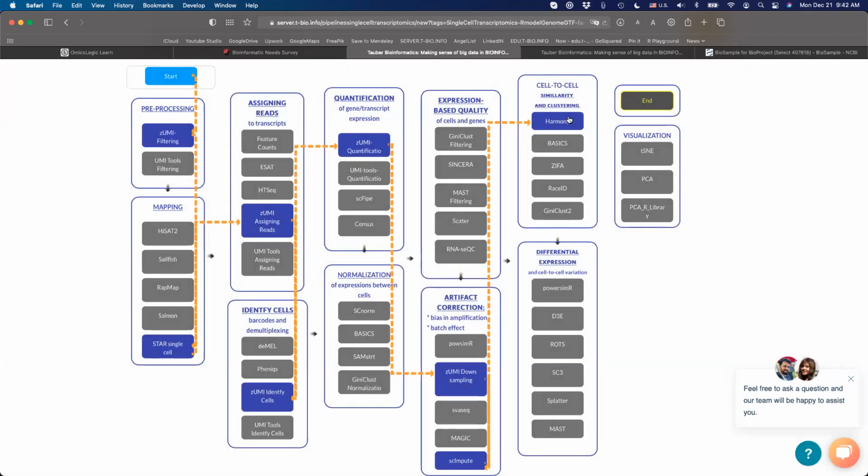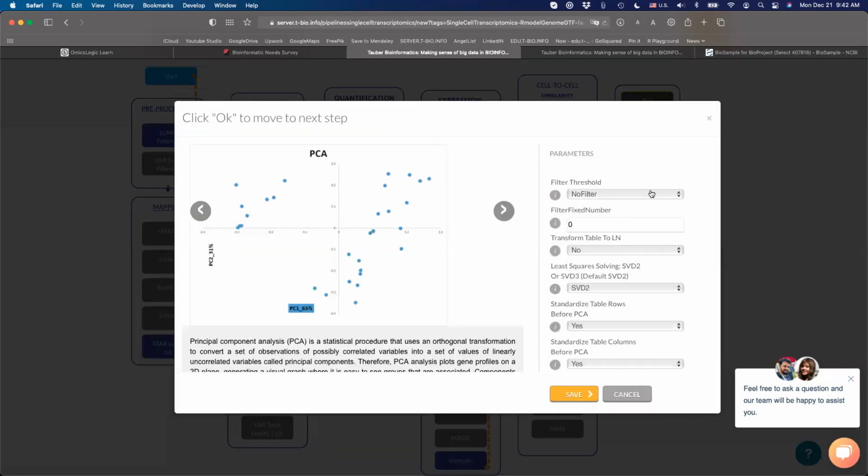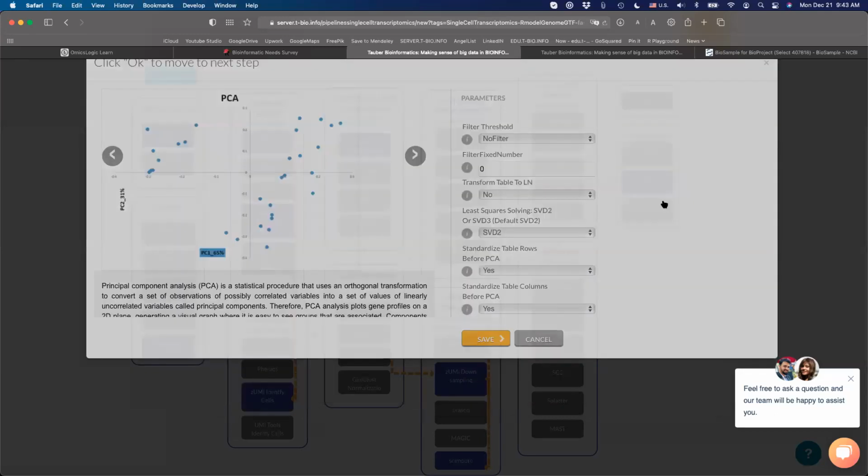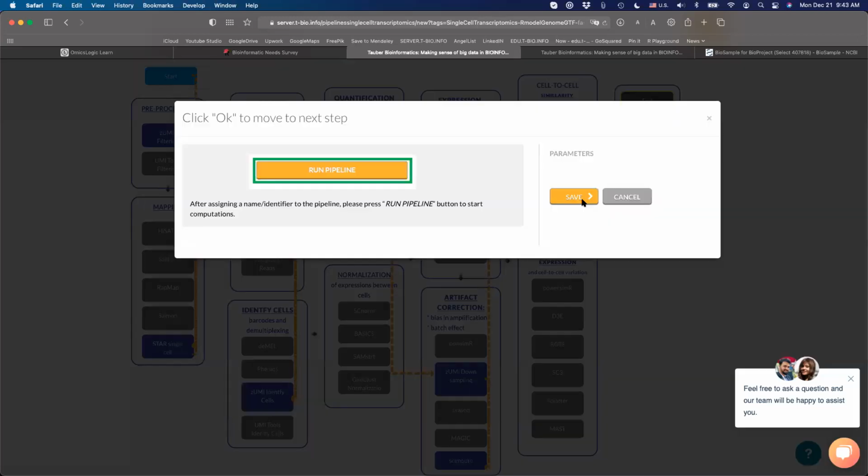But then basically what we'll have is a table of expression based on clustering. So we'll have a cluster number assigned to each one of these, or we can visualize all of our data. And this is a preliminary visualization. For example, if you use PCA, you can then do more downstream analysis with singular value decomposition here. And you can use 2 or 3. So just click on save and then on end.